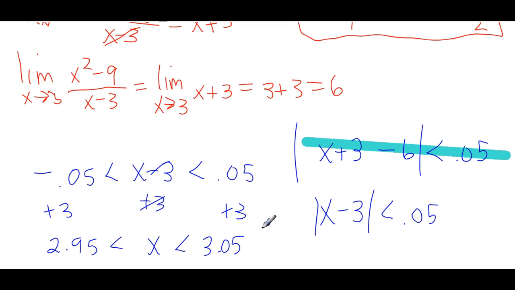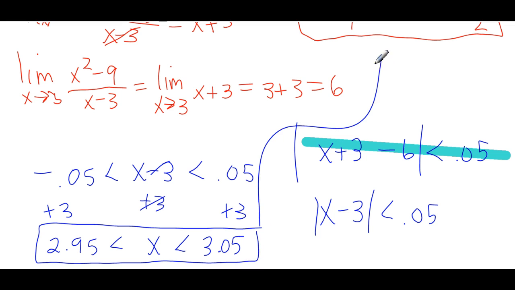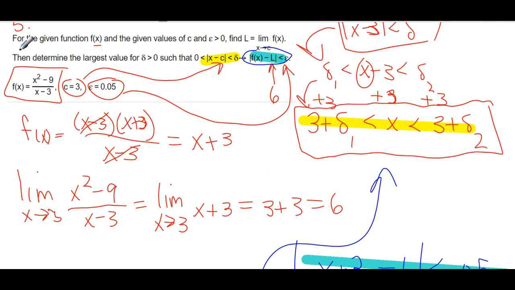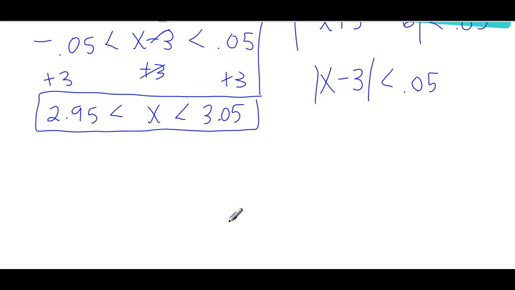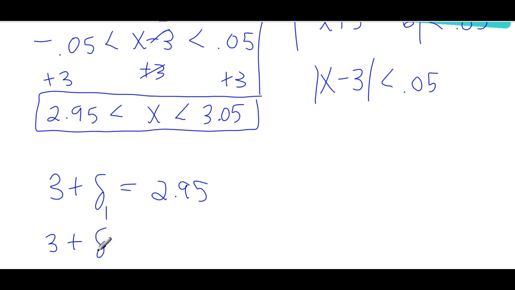Alright, now, what does this mean? Well, these two inequalities, one implies the other. So we can set these things equal. We've got 3 plus delta 1 and 3 plus delta 2. So 3 plus delta 1 is equal to 2.95, and 3 plus delta 2 is equal to 3.05.